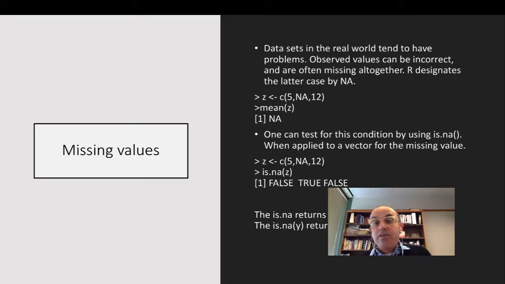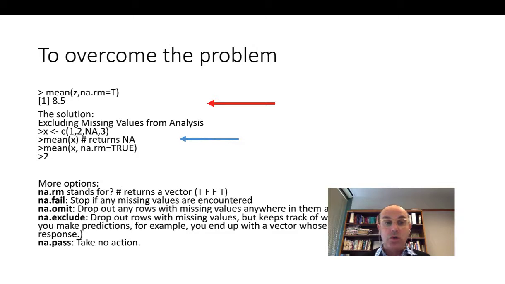So we can convert it into a missing value condition or vector, and it will convert the missing value to true or false values. So we can overcome that, but we have other ways to overcome those issues. In this case, there are more options to overcome the problem.